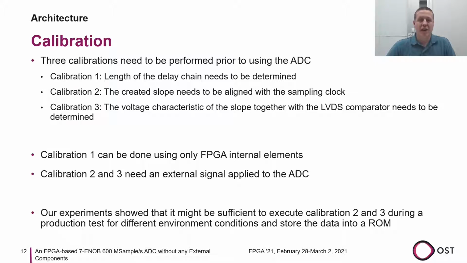The first calibration can be done by using only FPGA-internal elements, whereas calibration 2 and 3 require an external signal to apply to the ADC. In our experiments, we saw that it might be sufficient to execute calibration 2 and 3 during a production test and then to store the data. This data might then be read in a later run and used as calibration.